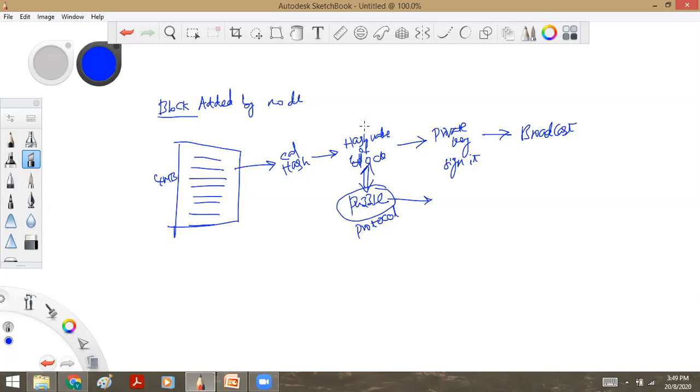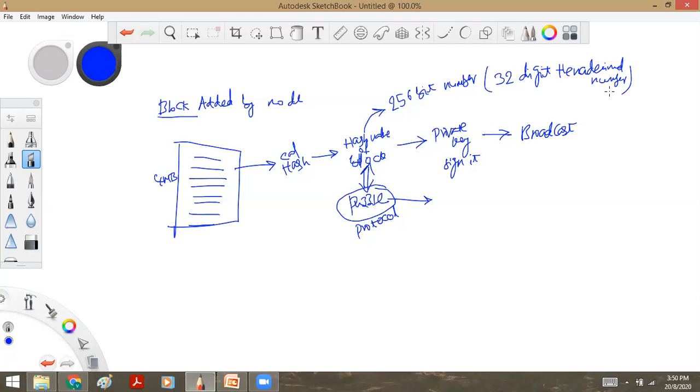Say, for example, a hash value is a 256-bit number, or a 32-digit hexadecimal number.